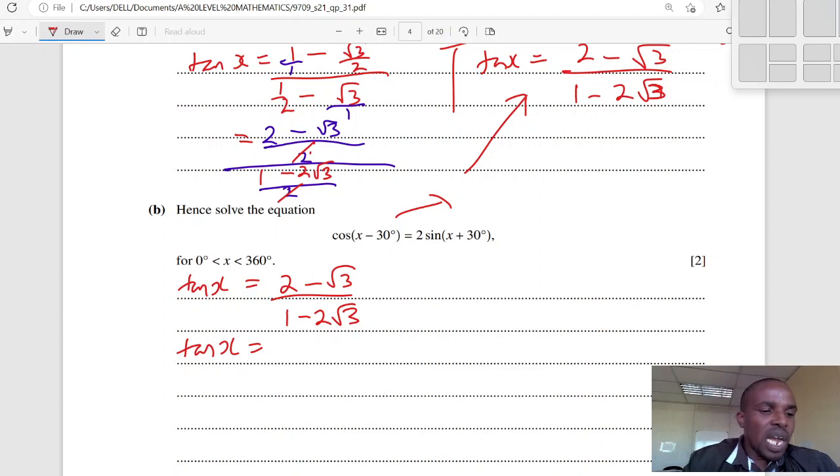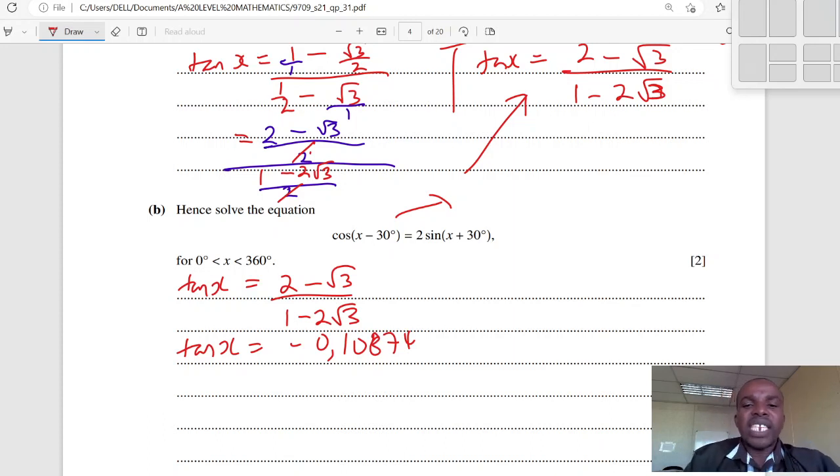So I can punch in my calculator 2 minus root 3 over 1 minus 2 root 3. Then I will get negative 0.10874. Yes, so it's negative.